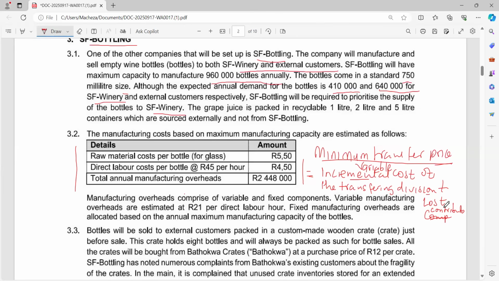So it's going to be the incremental cost of the transferring division plus the lost contribution. Lost contribution comes from you not being able to supply the external market. That's a lost contribution. So which means when you are calculating the lost contribution, you should now look at even the cost of supplying the external market.